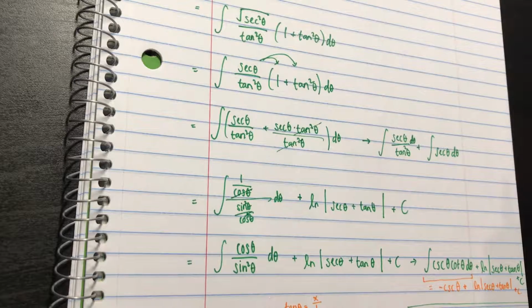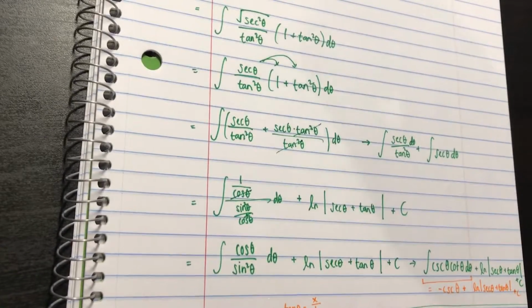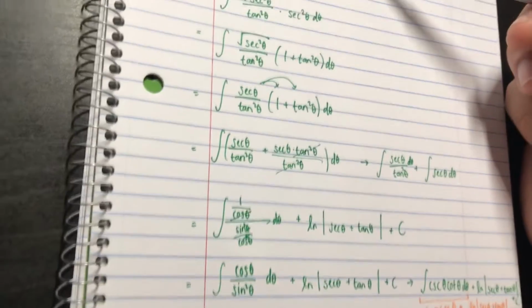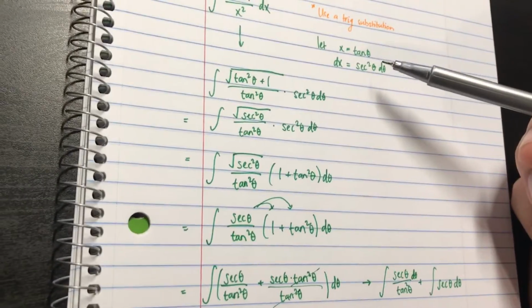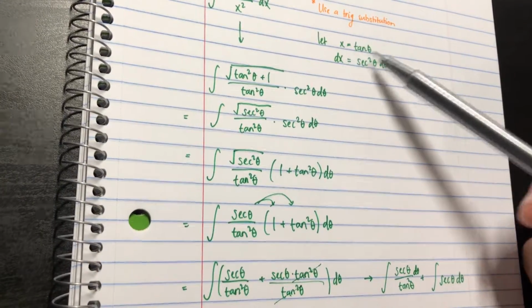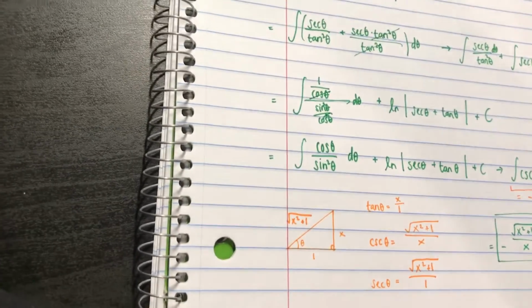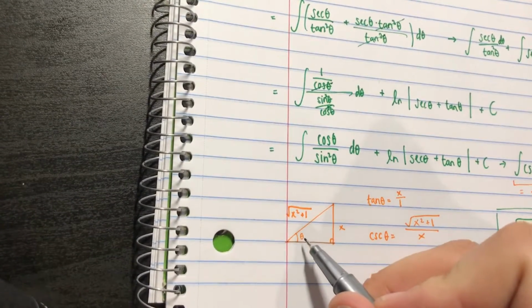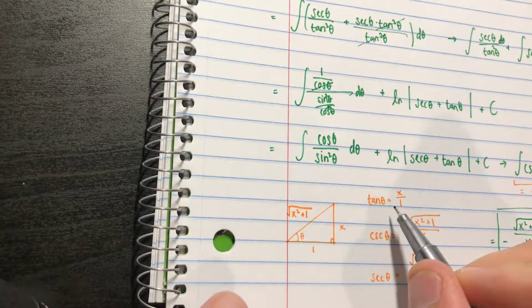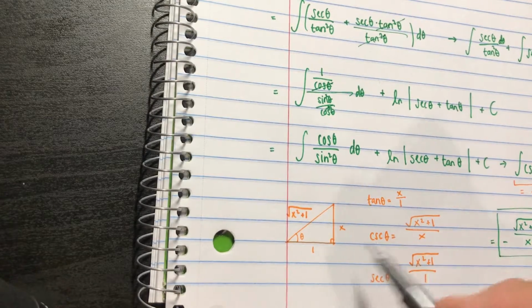Now here's where the trig part of the trig substitutions comes into play. When we originally set x equal to tan theta, there were some implications regarding the values of x. We can draw a right triangle in which we have an angle theta, and tangent theta would have to be equal to x, or x over 1.